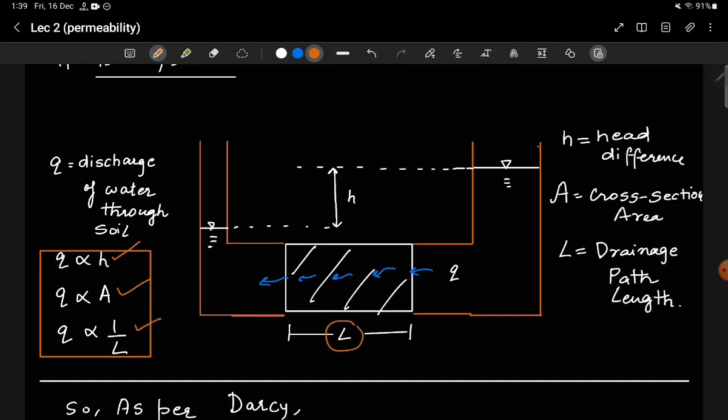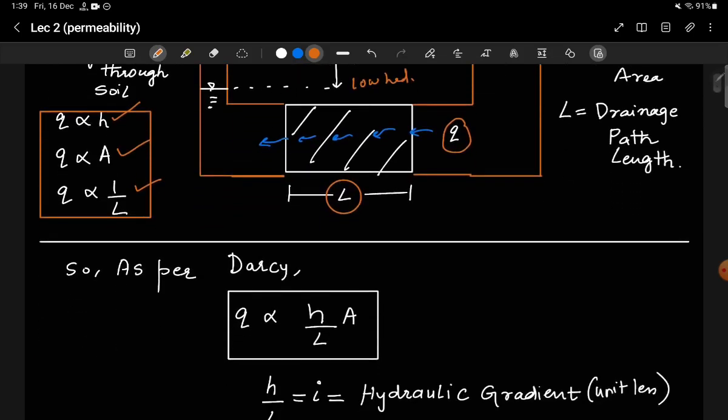L is the drainage path length, Q is the discharge, and as you can see इस लेवल पे हाई हेड है, हाई प्रेशर हेड है, और इस लेवल पे लो प्रेशर हेड है. So discharge will flow from high head to lower head. So as per Darcy, Q, the discharge, was directly proportional to H and A and inversely proportional to L.